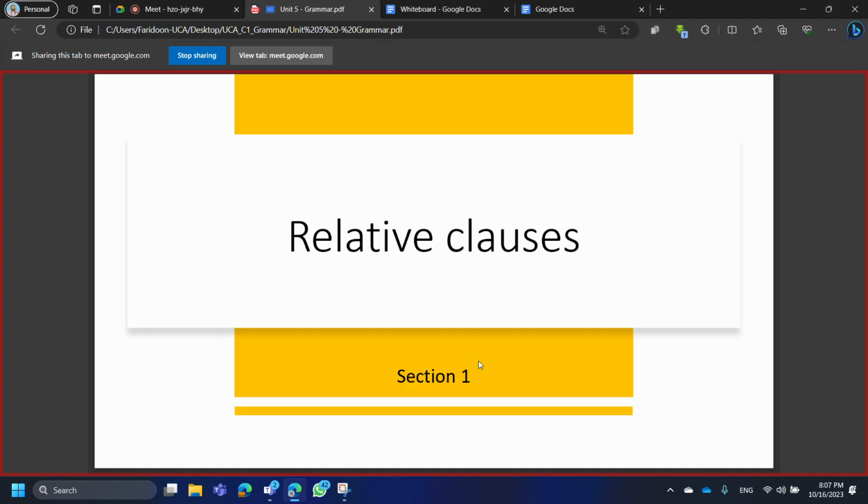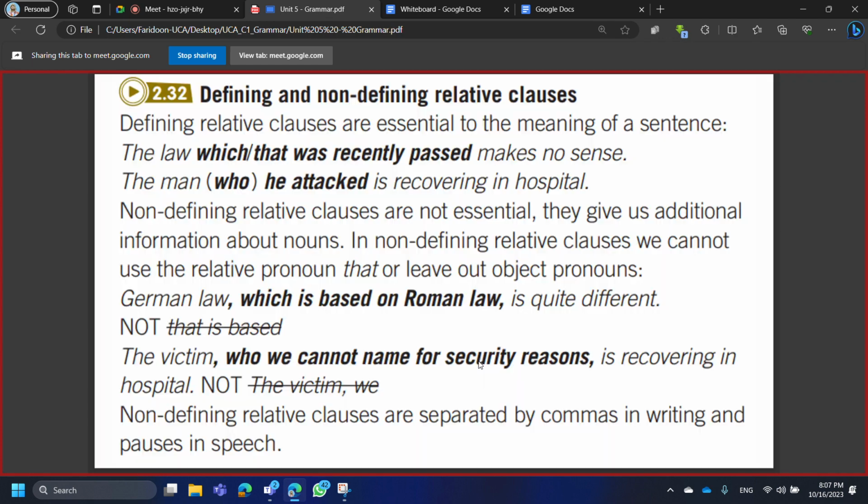Starting from section number 1, which is relative clauses, we're going to start directly with how many types we have. Once again, I will give you a little bit of background information here. Relative clauses, also known as adjective clauses, are used to talk about or modify a noun. That's their main job.